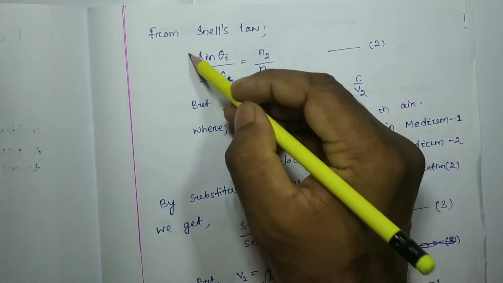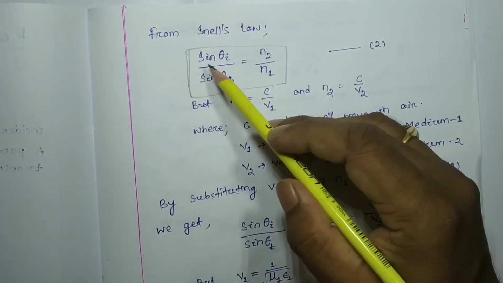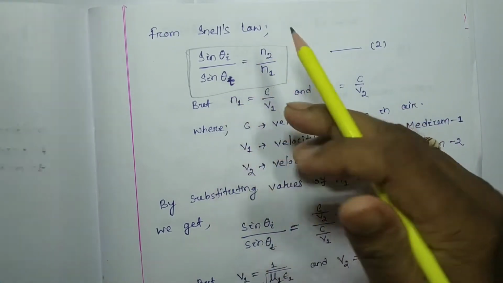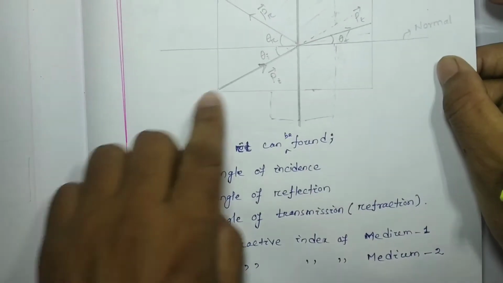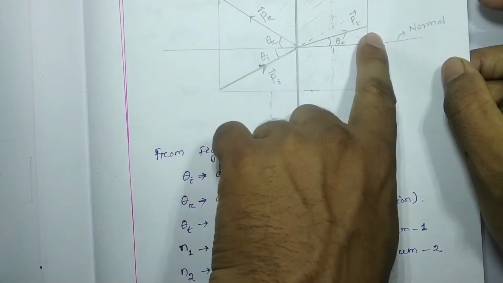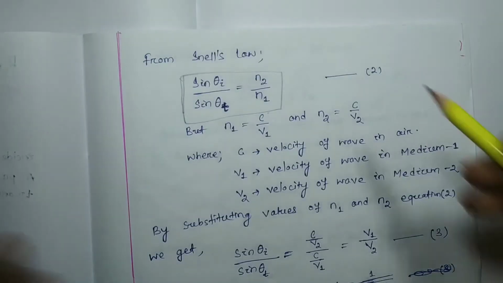This is the basic thing we studied at our plus 2 level. So sine theta I by sine theta T, because the ray is moving from this side to this side, will be equal to N2, the refractive index of medium 2, by N1, the refractive index of medium 1. Let this be your equation number 2.